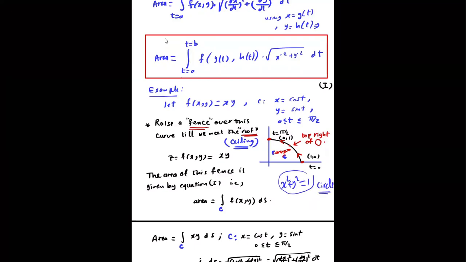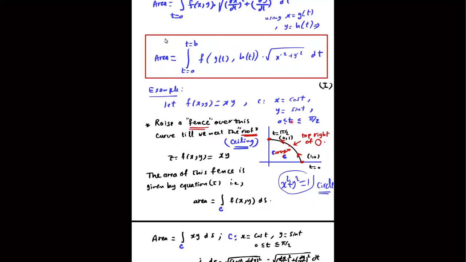But we don't deal with this whole circle. We are given this condition. So we are asked to deal with a curve, part of this circle. Which part of the circle? It is the first quarter, from t equals 0 up to t equals pi over 2.